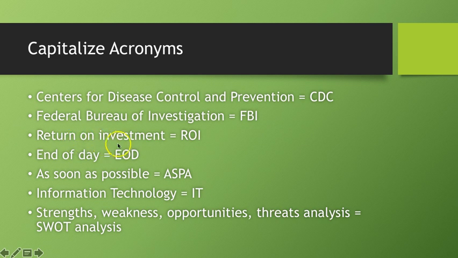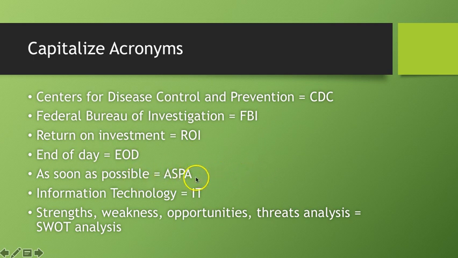So here you have return on investment, which is lowercase. If you write it out in an essay or a report, it's always going to be lowercase, unless you start to abbreviate it with an acronym, in which case you capitalize ROI. Same with end of day becomes EOD. As soon as possible becomes ASAP.